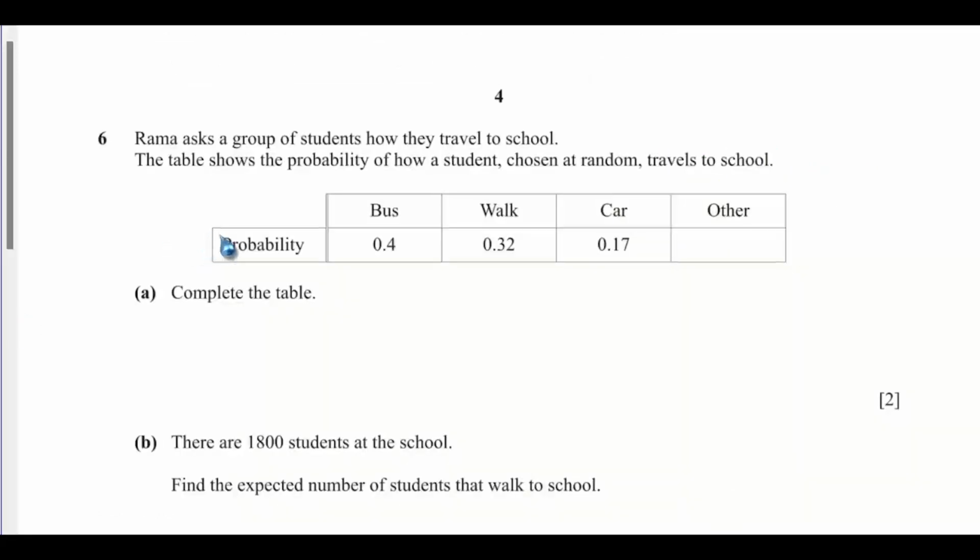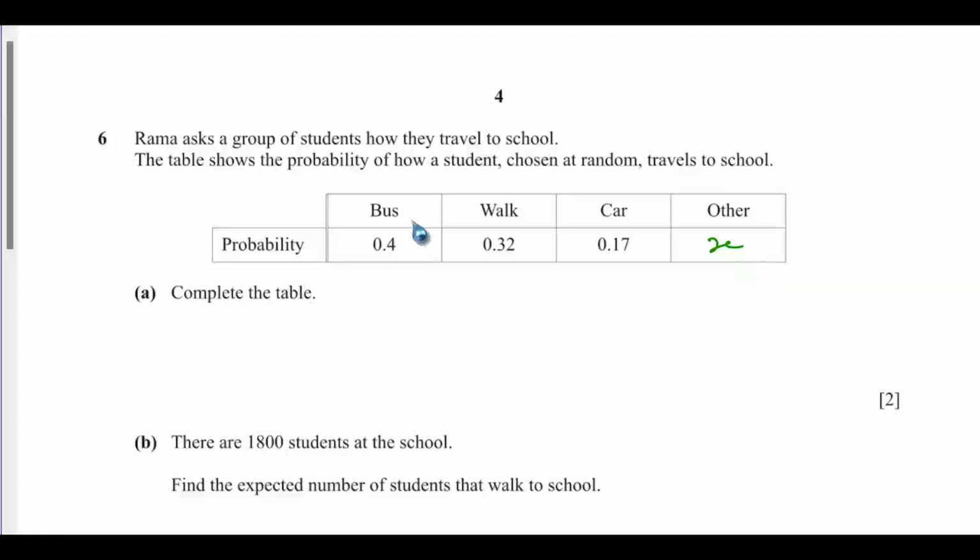Rama asks a group of students how they travel to school. The table shows the probability of how a student chosen at random travels to school. Complete the table. So to get this, you can say this is X, okay?